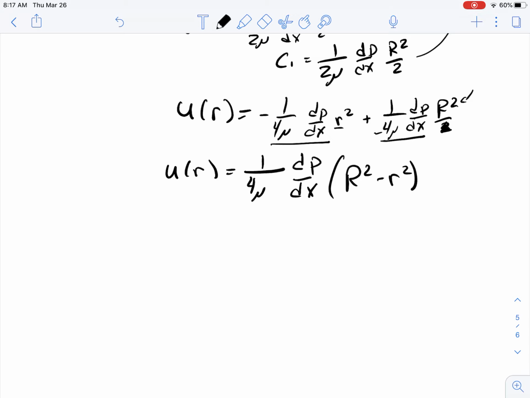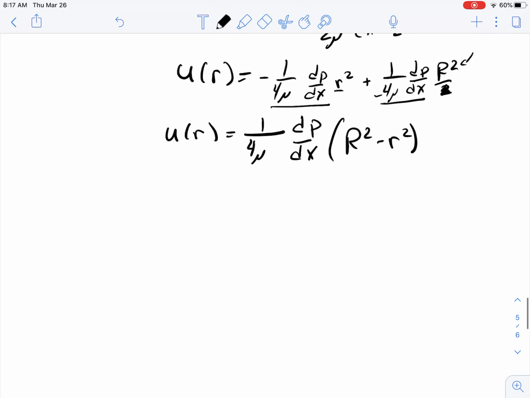So that's our solution, and sometimes you'll see this modified just a little bit. We can pull out the capital R. So we say u of r is equal to r squared over 4 mu times dp dx. And if we pull out this r squared here, that means we have to basically divide by r squared inside the parentheses.